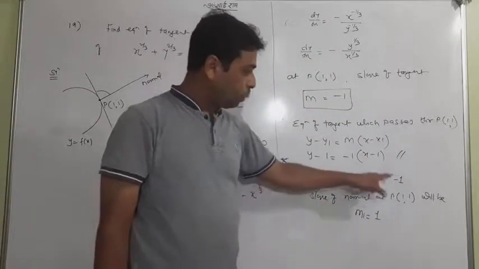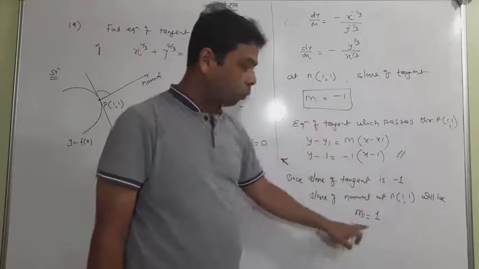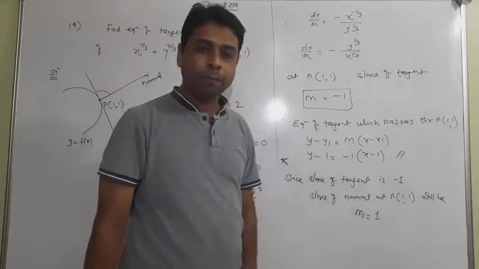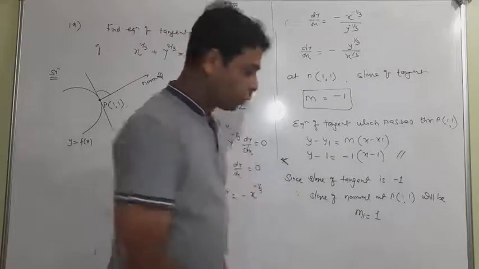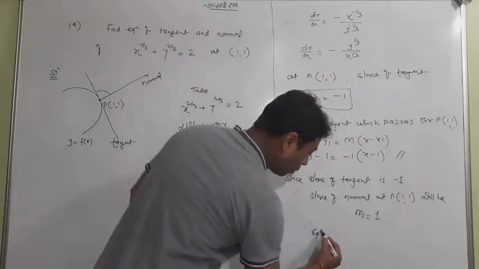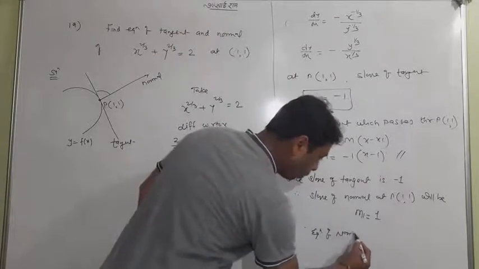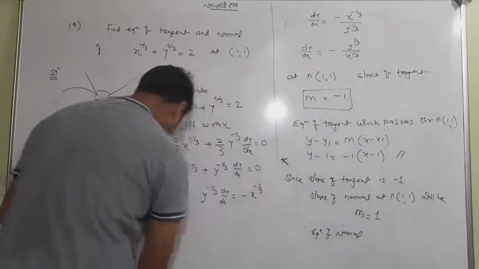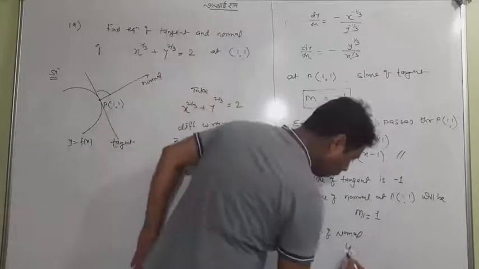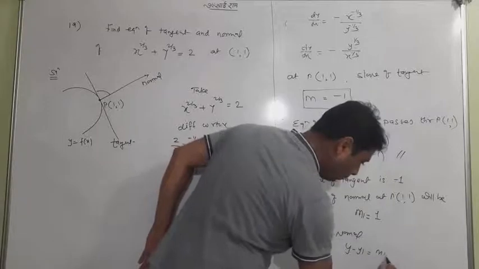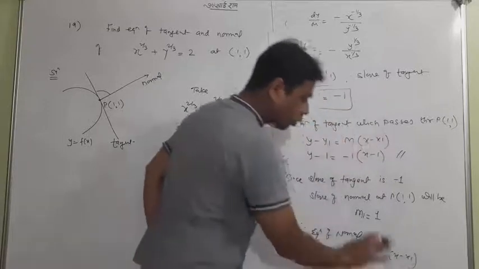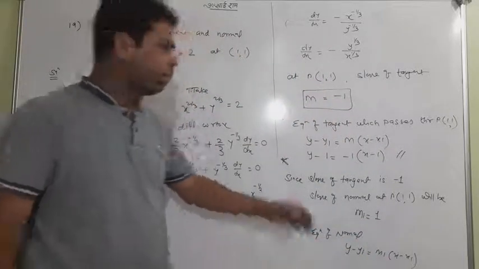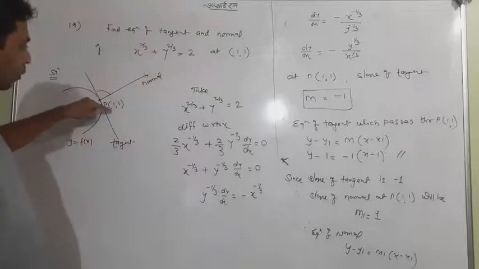Like m1 into m2 equals minus 1, like m into m1 equals minus 1. Can you find m1? Yes, easily. It is 1. So now the equation of the normal will be, by the formula, y minus y1 equal to m1(x minus x1). I don't want to do more work because it's so easy. The normal is again passing through (1, 1).